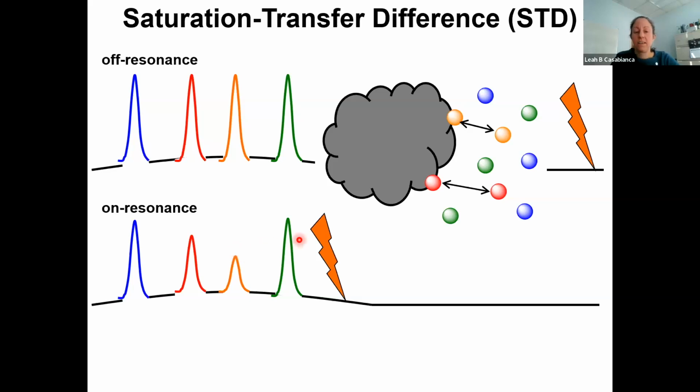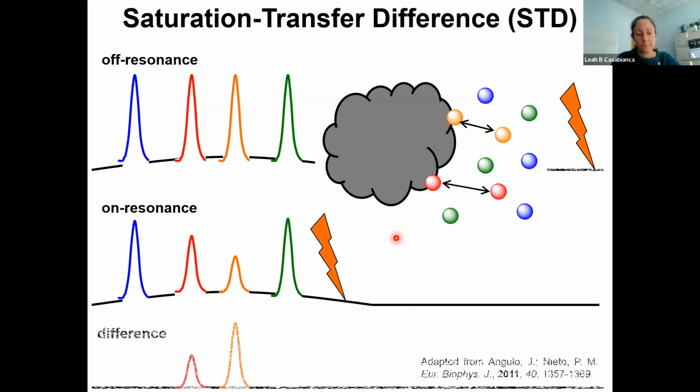On the other hand, ligands that don't interact with the receptor surface, so the green and the blue ligands in this case, have the same signal intensity in the on and off resonance spectrum. We can then subtract the off resonance from the on resonance spectrum. And this immediately shows us a spectrum containing only signals from those molecules that interact with the receptor surface. So we see that the green and blue are canceled out, whereas the red and orange have some positive signal intensity here.